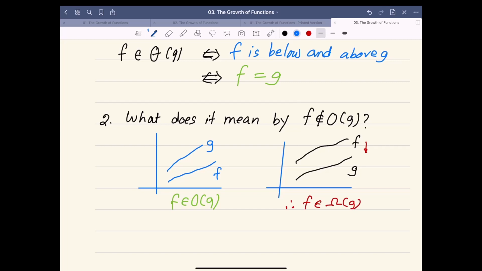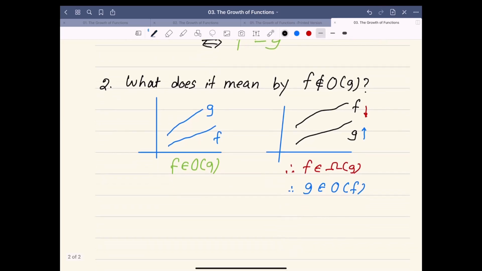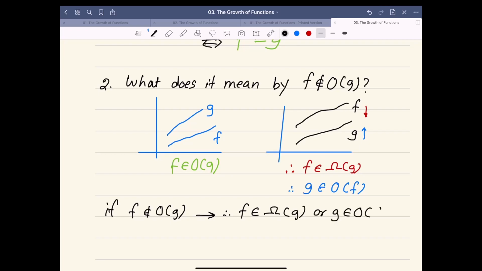And if we look from g to f, then we say that g belongs to big O of f. So the conclusion is as follows. If f does not belong to big O of g, then either f belongs to big omega of g, or g belongs to big O of f.